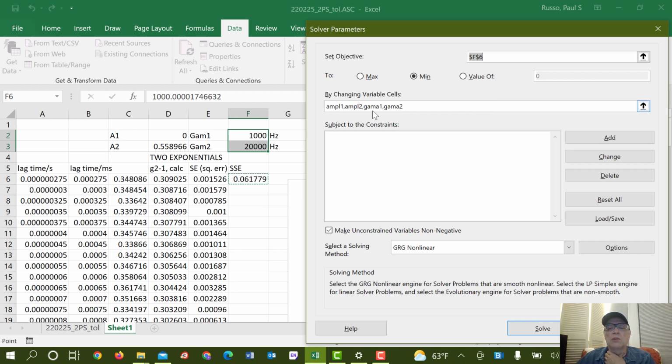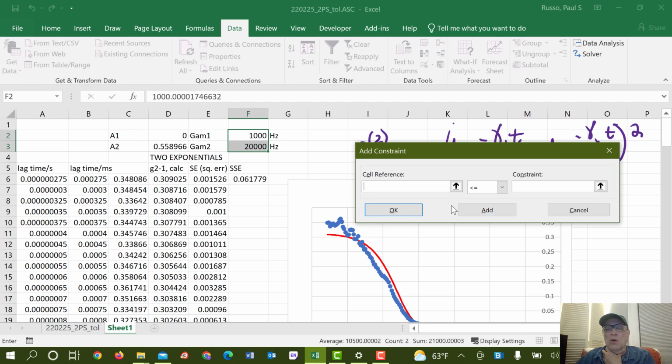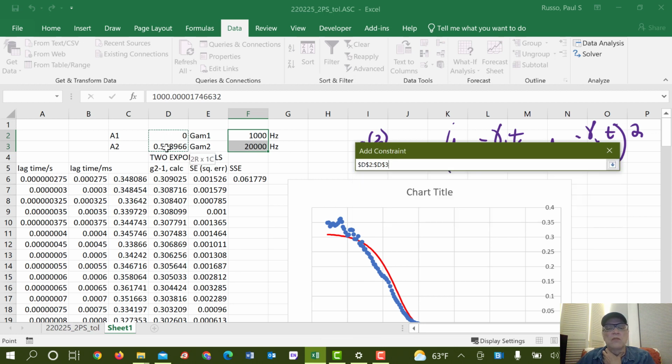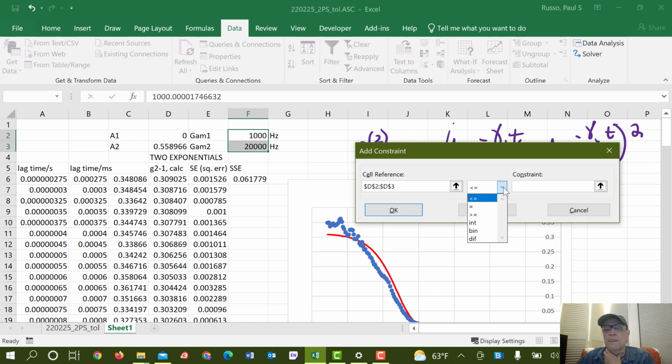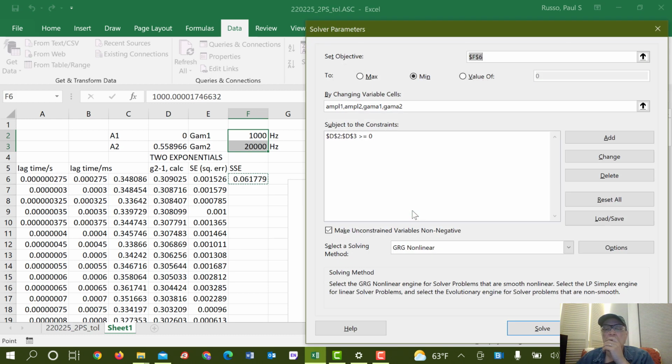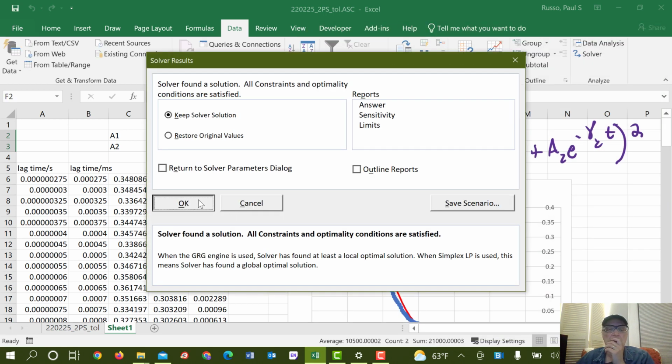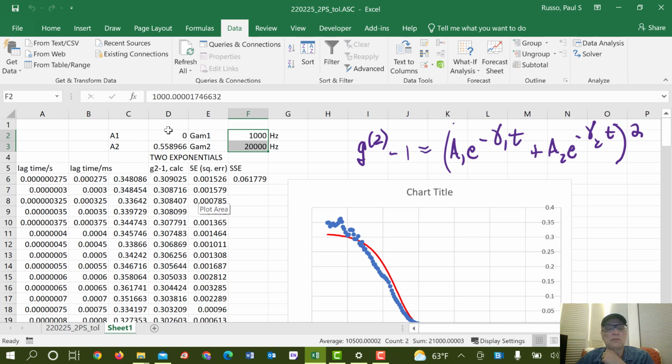Ample 1, ample 2, gamma 1, gamma 2, subject to the constraints. To add a constraint, we know that the gammas must be positive, right? There's no such thing as a negative scattering. Should be greater than 0. Okay. Let's see if that does any better. Maybe.